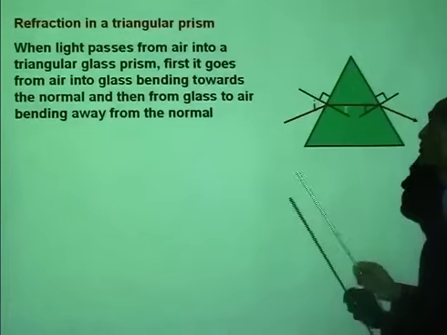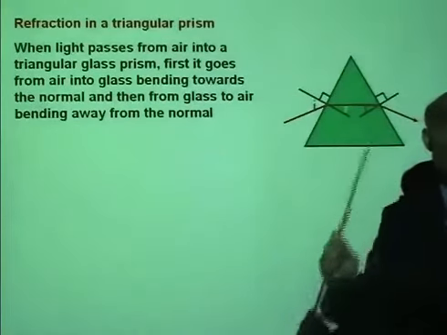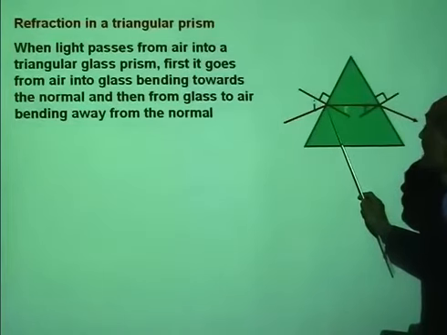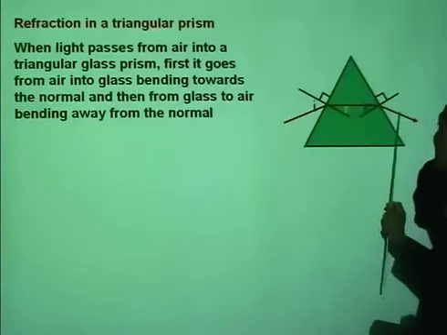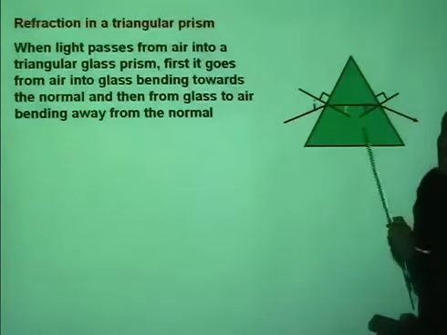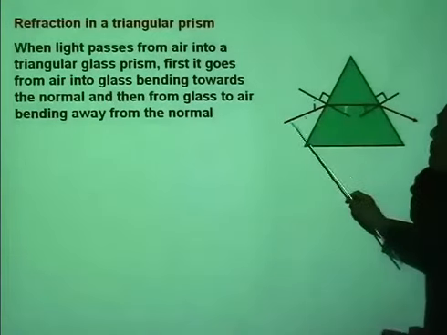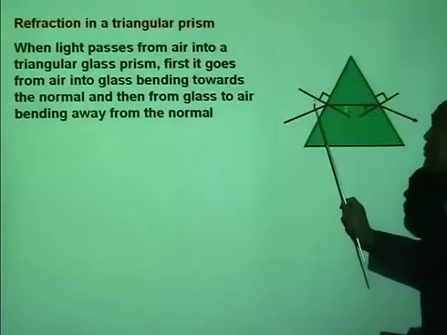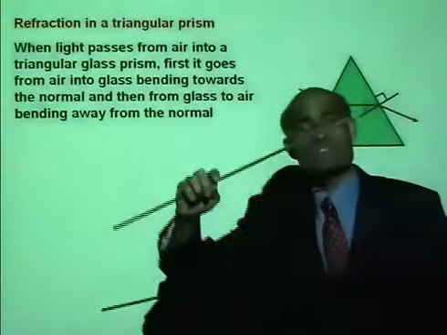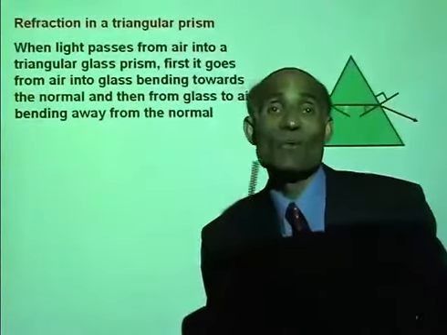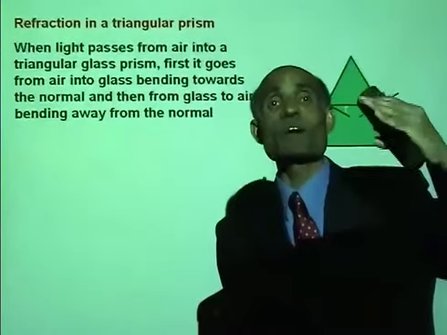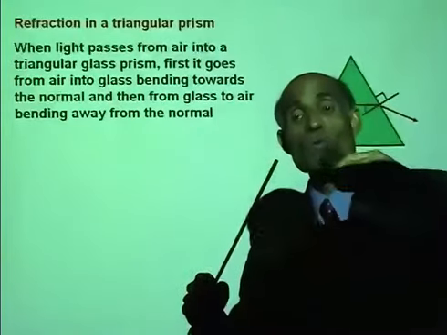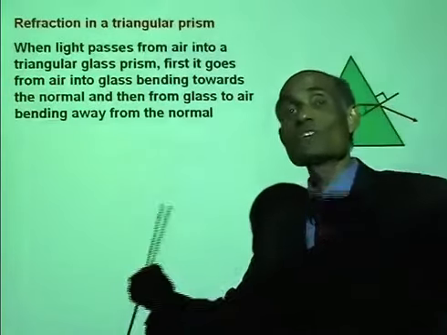Now look, this is exactly what we saw in my demonstration. A ray of light entering glass like this comes out in that direction. In the absence of the prism, the ray would have gone that way, straight. But because of the prism, it actually bends twice. Once when it enters from air into glass, and the second time when it enters from glass into air.